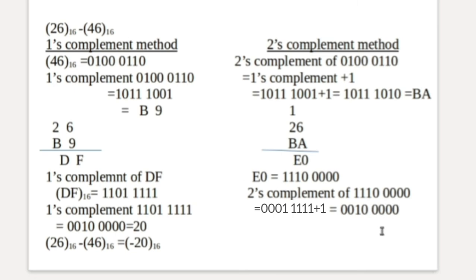Okay, so that's equal to 20. So our answer is 26 base 16 minus 46 base 16 is equal to minus 20 base 16. So here there is no carry from the MSB, that means the result is a negative number. Okay, so this is how the subtraction of binary numbers is performed using binary arithmetic.